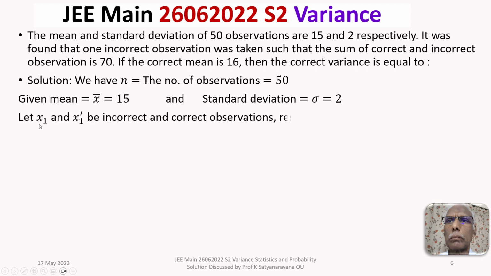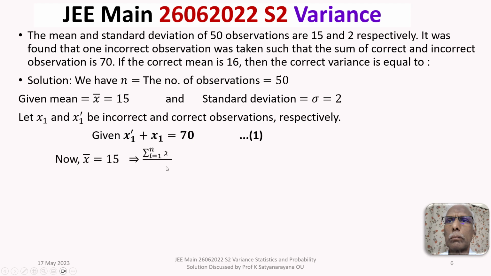Now let x1 and x1 prime be the incorrect and correct observations respectively. It is given that the sum of the correct and incorrect observation is 70, that is x1 prime plus x1 is equal to 70. Let's call this equation 1.